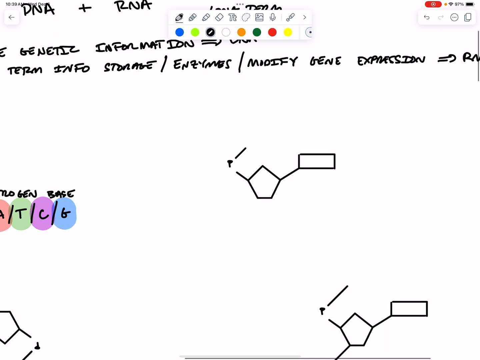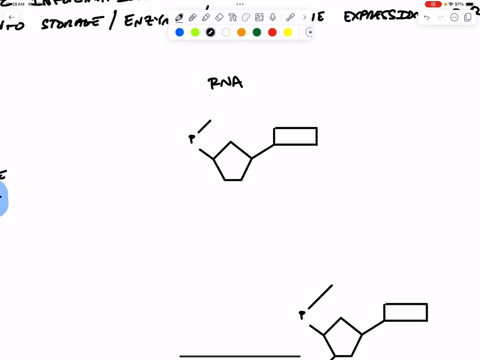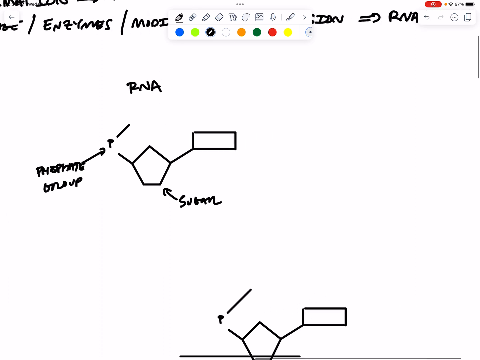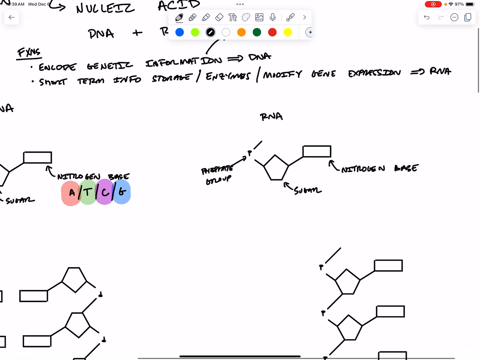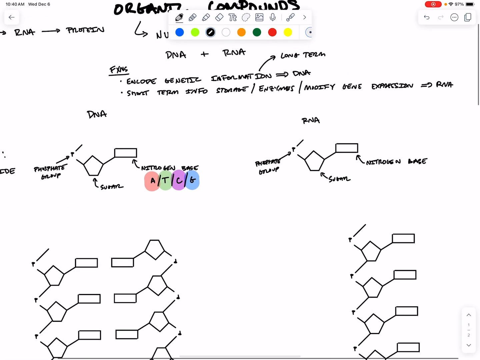RNA also has a sugar group. It also has a phosphate group. And it also has a nitrogen base. You might be wondering what makes DNA different from RNA.